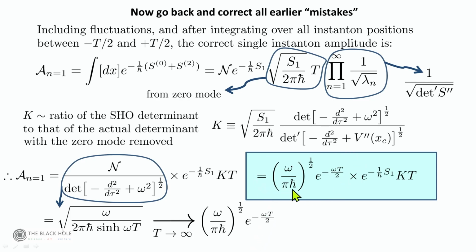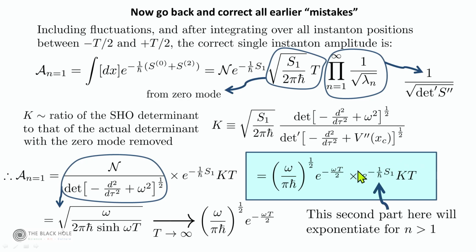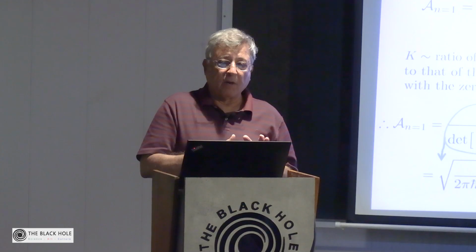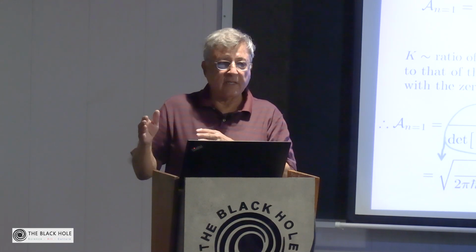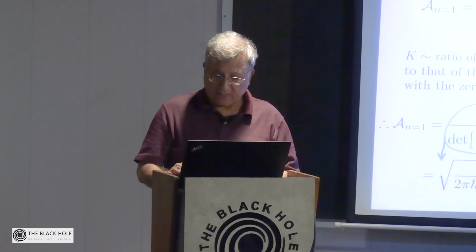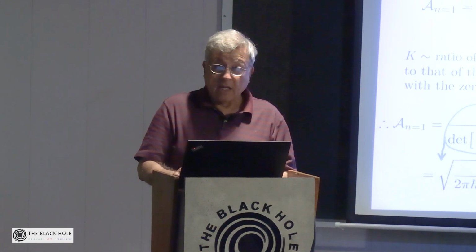There's this normalization factor, and each instanton will contribute this much, and this second part is going to exponentiate when I have not 1 instanton, but 3, 5, 7, 9, 11, etc. instantons.